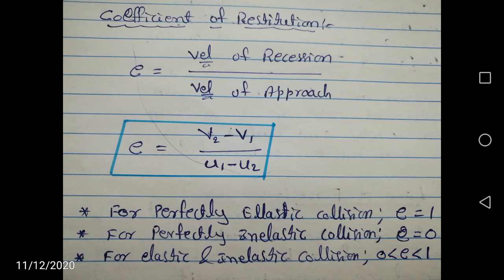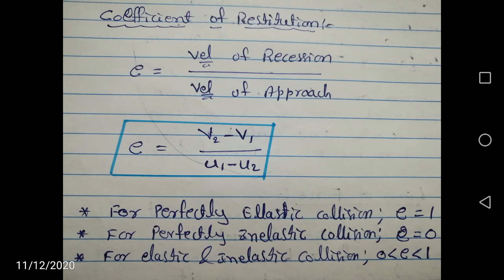Newton defined a quantity called the coefficient of restitution. It is defined as the ratio of the velocity of recession to the velocity of approach. That is, the coefficient of restitution is represented by the letter small e and is given by the ratio of v2 minus v1 divided by u1 minus u2.